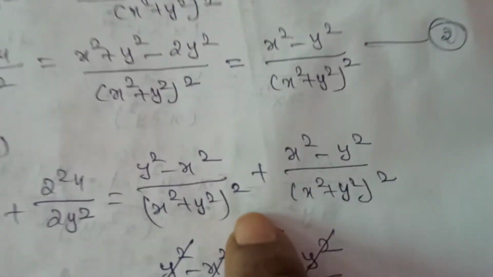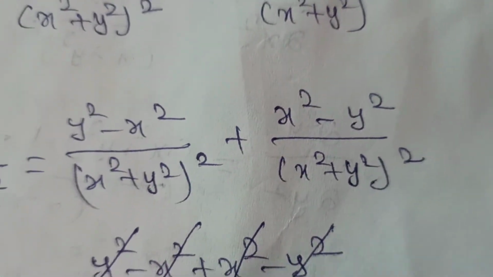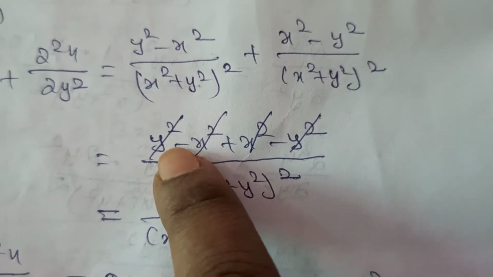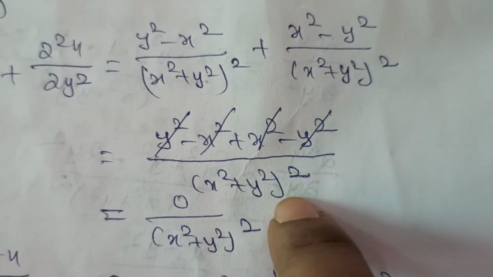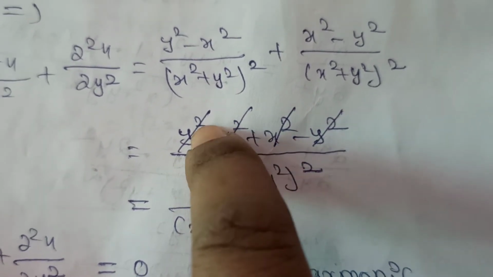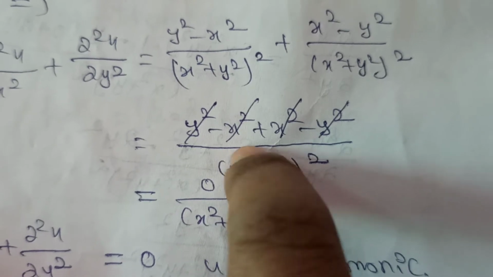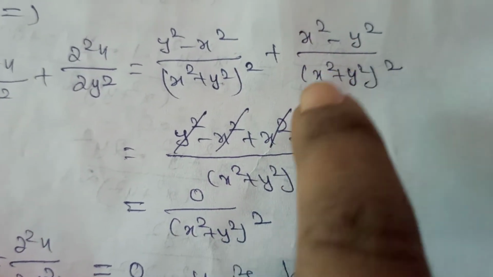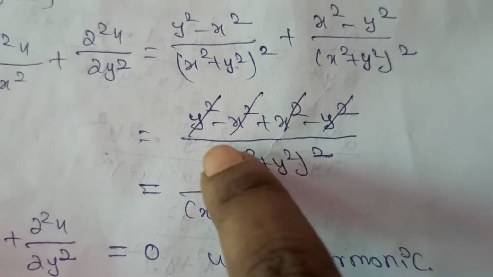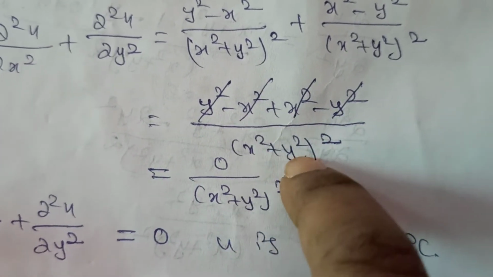So add these values. Here the denominator is the same, so add the numerators, which is equal to y square minus x square plus x square minus y square, divided by x square plus y square the whole square. So all the values cancel: plus y square minus y square cancel, and plus x square minus x square cancel.